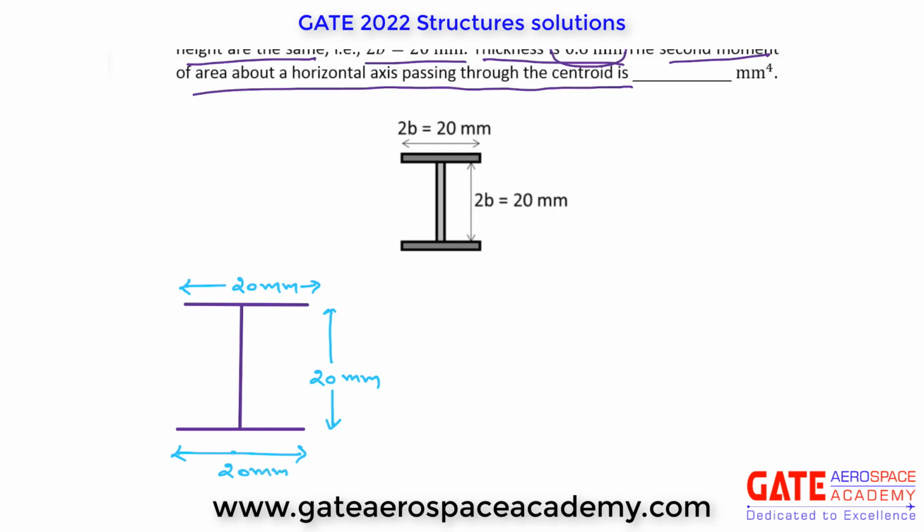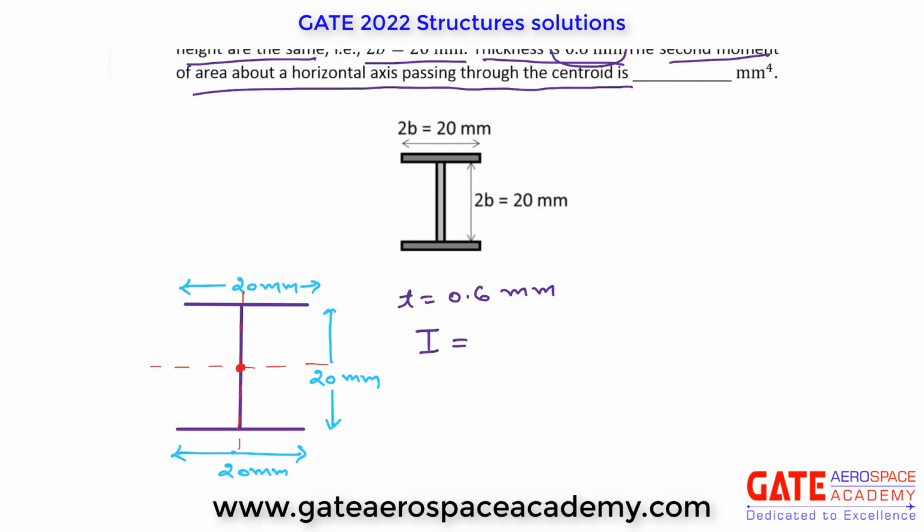Thickness t is 0.6 mm. So it is symmetrical about both the axes, so its centroid will lie here at this point. So moment of inertia I will be equal to, that is bd cube by 12.